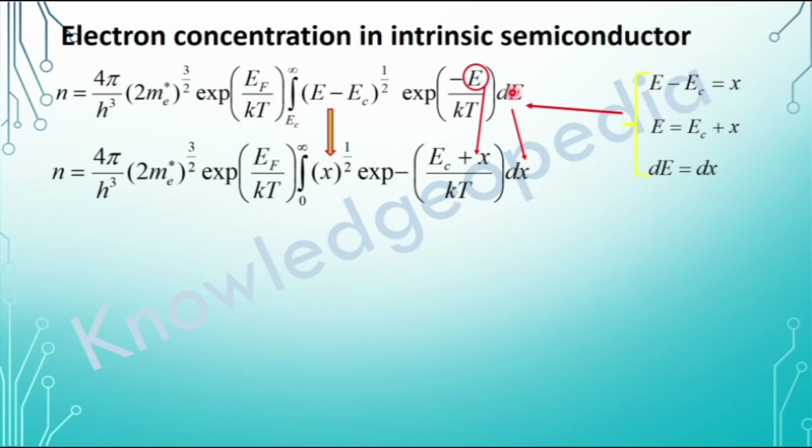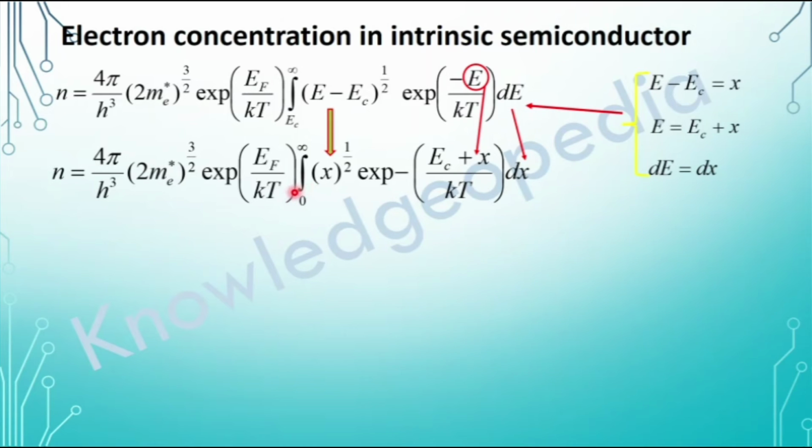When the variable was E, the lower limit was EC. Now the variable changed from E to X, we'll see what will be the lower limit. So when E is equal to EC, what will be X? EC minus EC, that is 0. So whenever the value of E was EC, that time X will take the value 0.